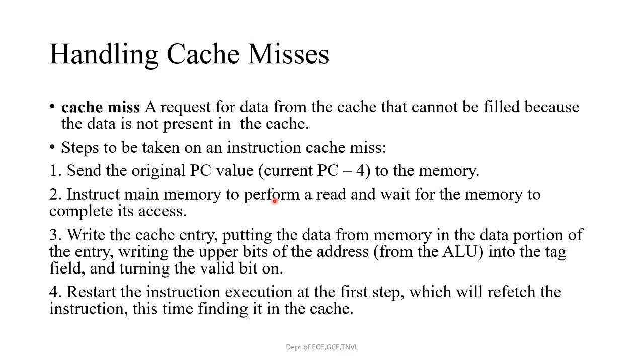Instruct the main memory to perform a read and wait for the memory to complete its access. Write the cache entry, putting the data from memory in the data portion of the entry, writing the upper bits of the address from the arithmetic and logic unit into the tag field and turning the valid bit on. Restart the instruction execution at the first step, which will refetch the instruction, this time finding it in the cache.